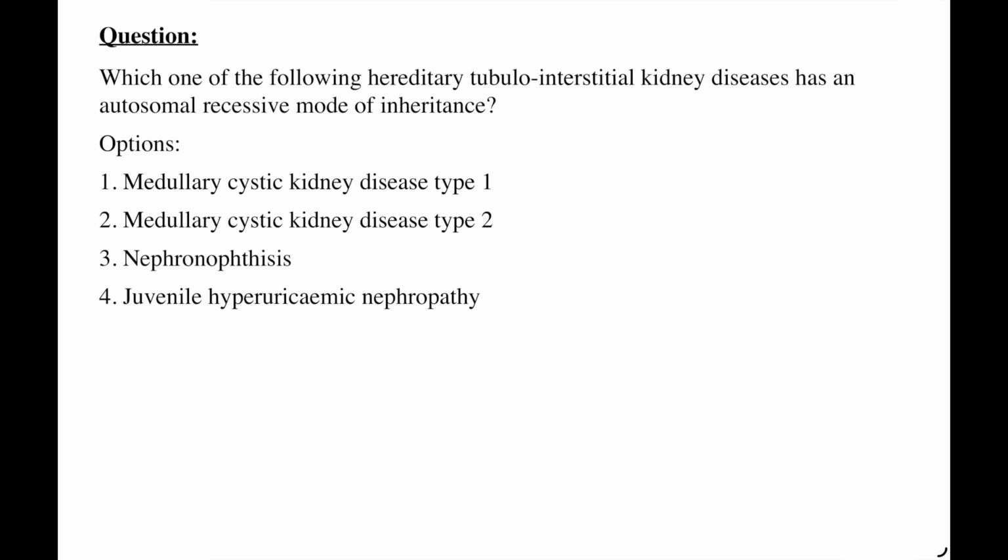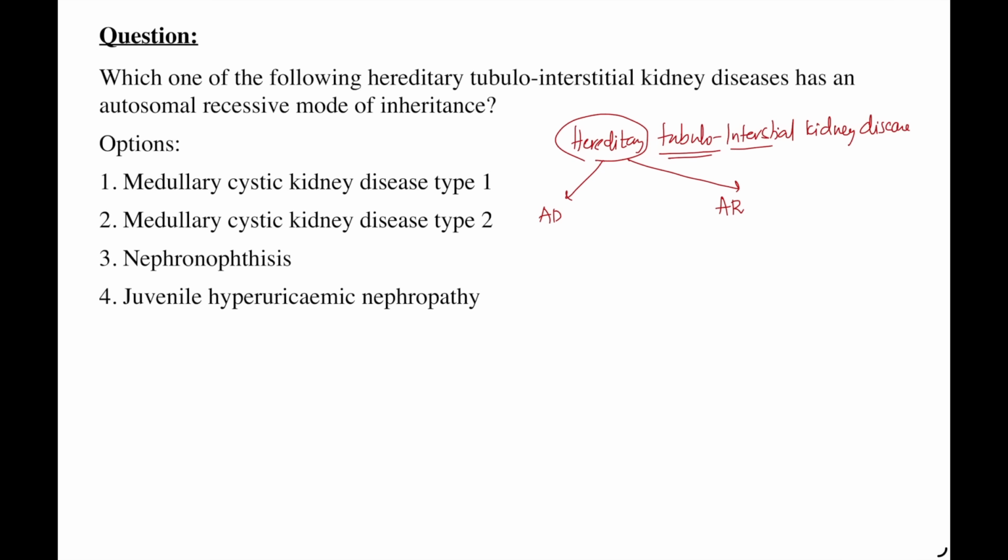So there are some conditions that are called hereditary tubulointerstitial kidney diseases. That means these are inherited in a hereditary fashion. They can be inherited either in an autosomal dominant or autosomal recessive fashion, and they affect both the tubules of the kidney and the interstitium of the kidney.